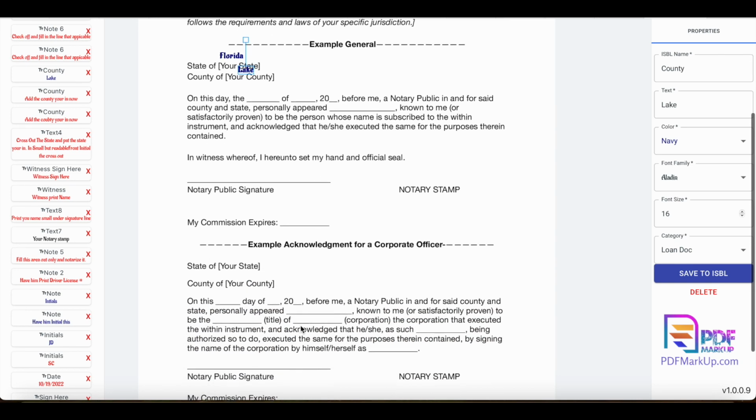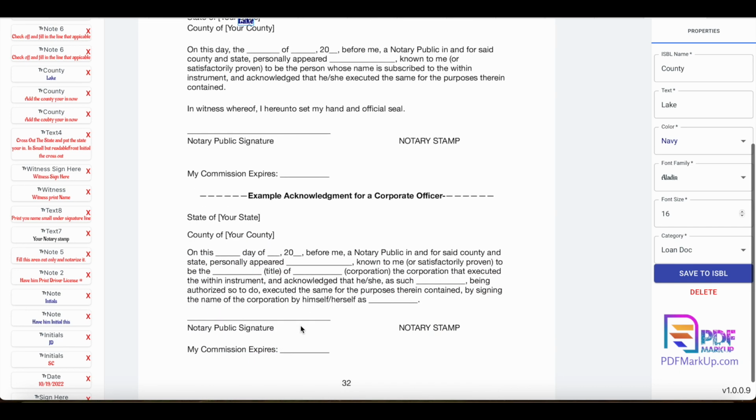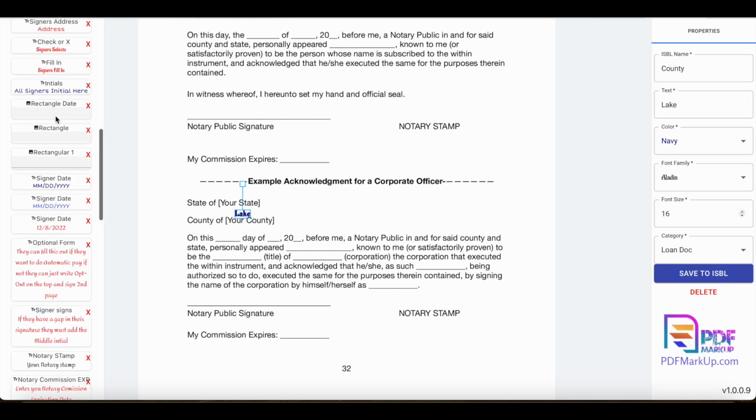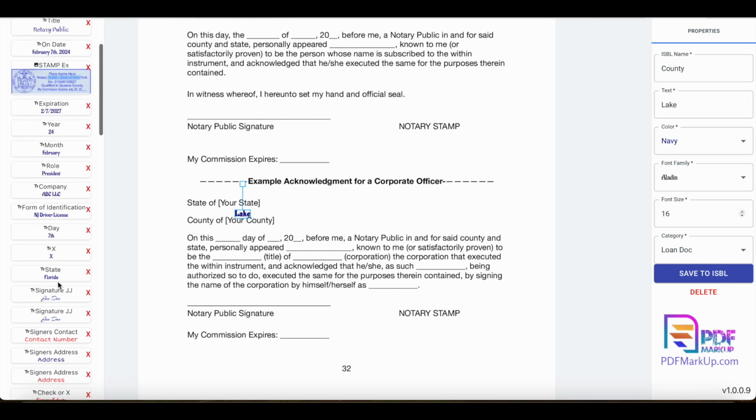Okay? Now, if you are a corporate officer, this is done a little bit differently. So let's go through this one here. Okay? So we're going to put our county on the blank line, because that should be a blank line. Our state, on this 7th day of February.